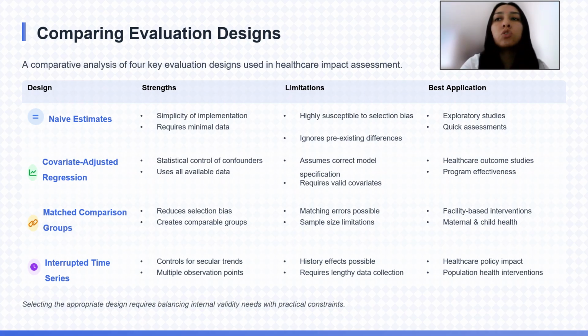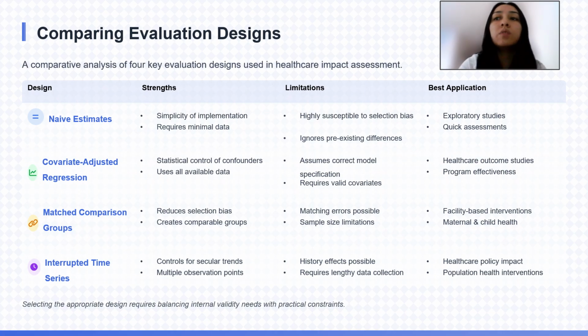The matched groups: it balances groups using observed characteristics. And the last group design, interrupted time series, is great for analyzing population level trends. The best design depends on what we want to learn, the quality of our data, and resources available.